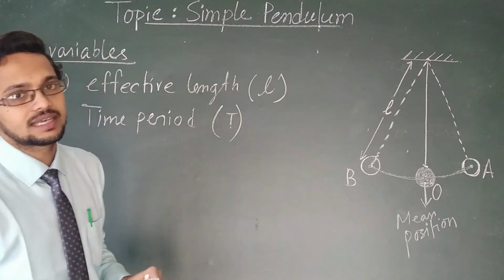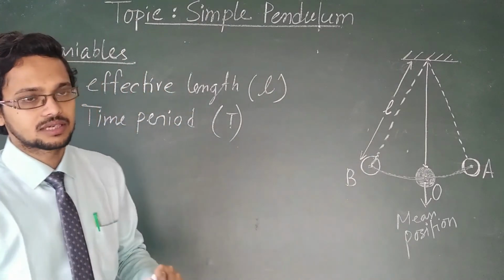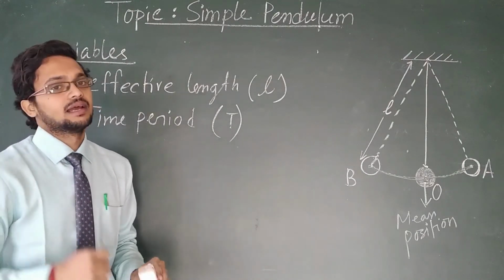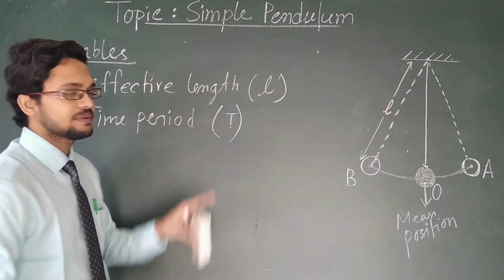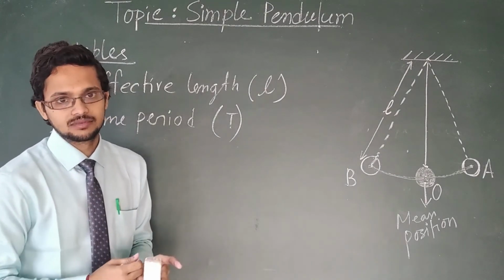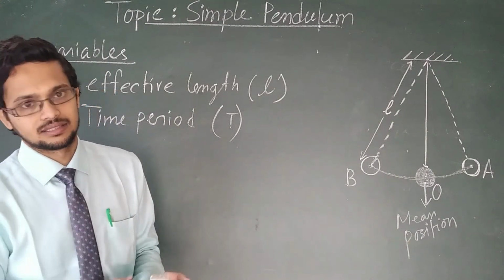First we will take the time for 20 or 30 oscillations. Then we will divide that time by the number of oscillations, and we will get the time period. So this is a kind of average, and when we do an average, there are least errors.